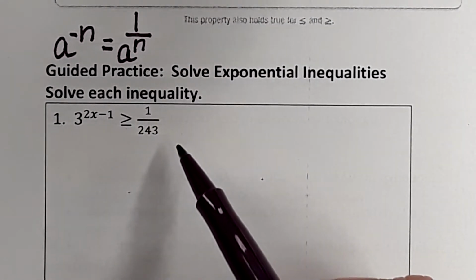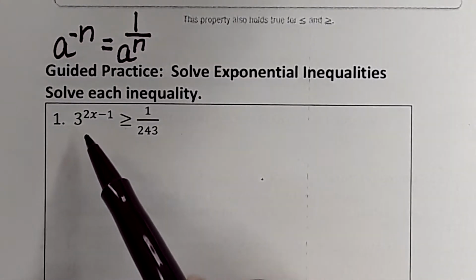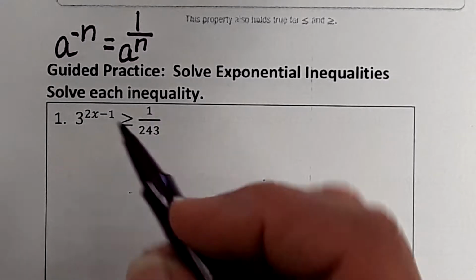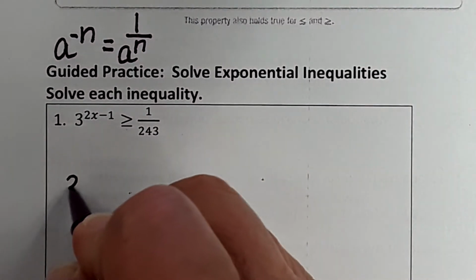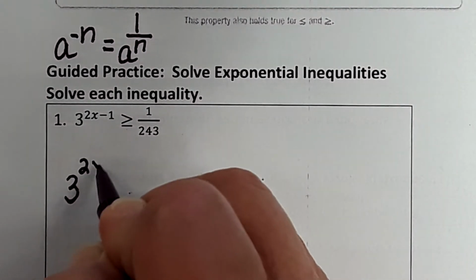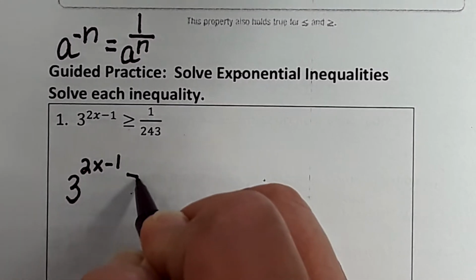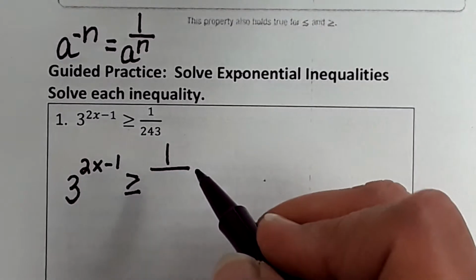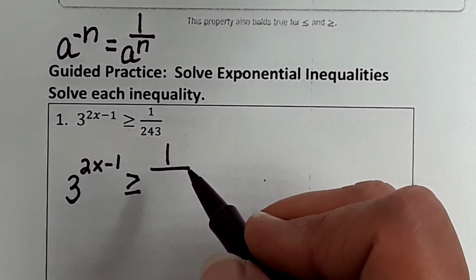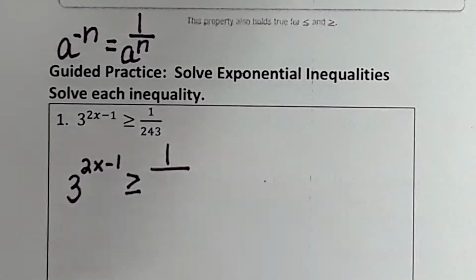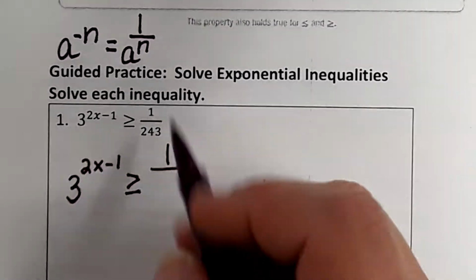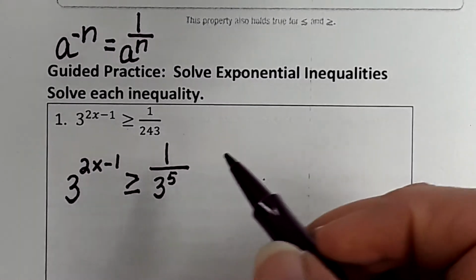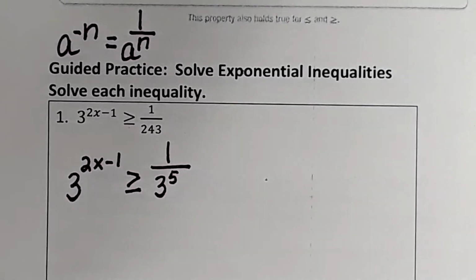So 3 is the lowest you can go. You can't go any lower than 3. So can we rewrite 243 as a 3? Is there a power that we can raise 3 to get 243? So we're going to raise 3 to the 5th power to get 243.